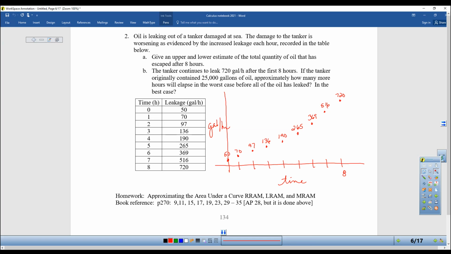So when it says an upper and a lower estimate, we know that the graph looks something like that. The area under the curve would give us the exact amount. But we can't find that area because we don't have the function. But we can make all of these intervals.